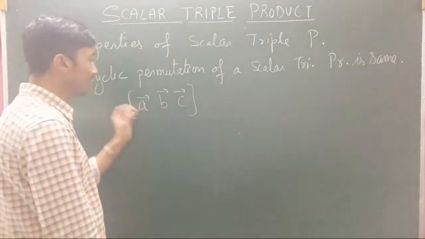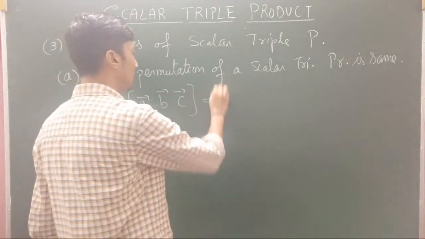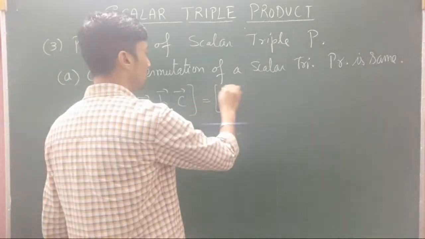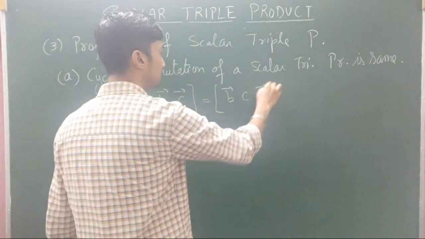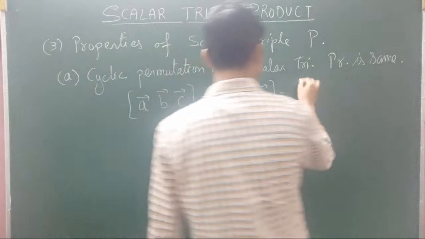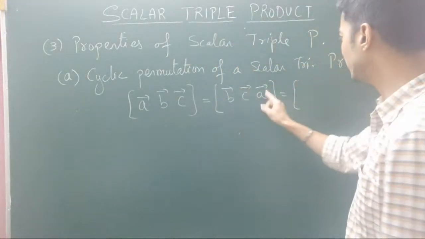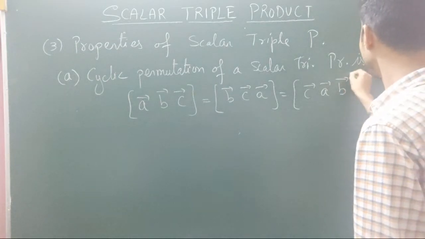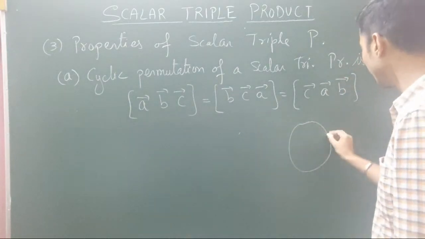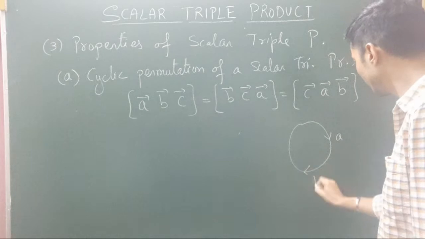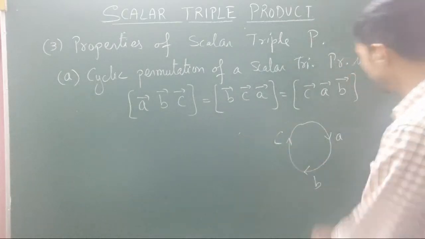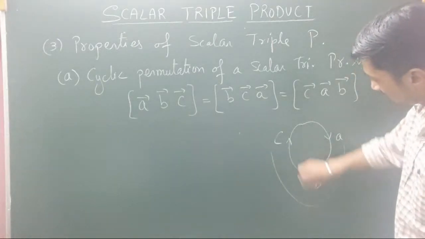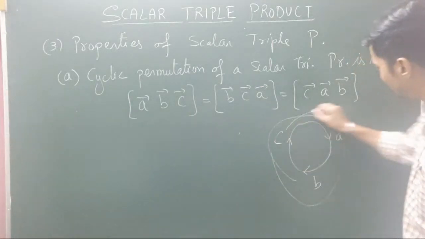That means ABC will be same as BCA, which also will be same as CAB.